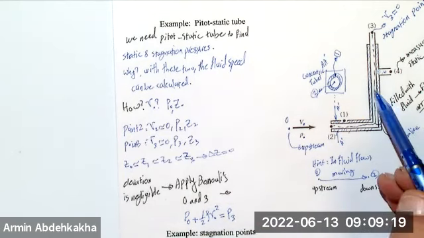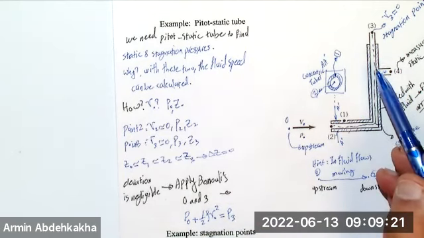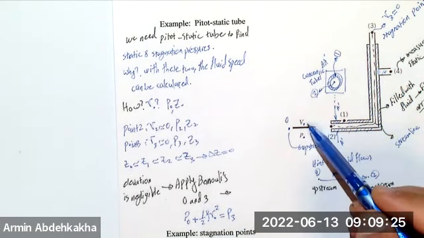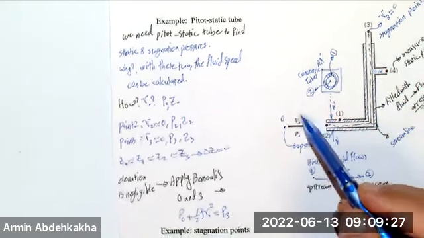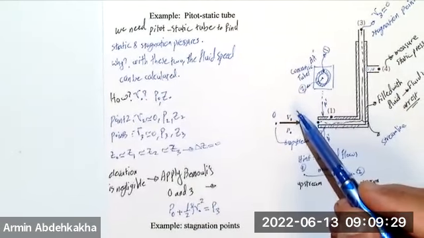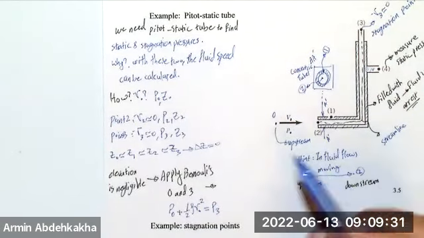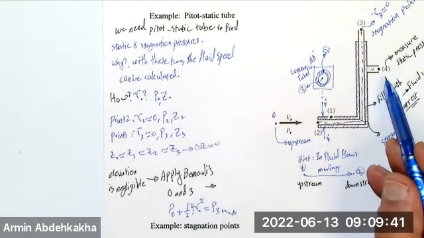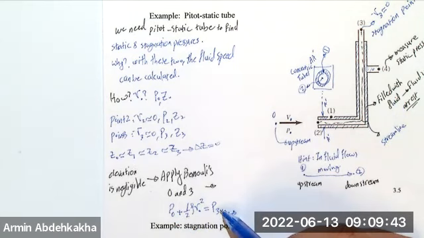But if you see here, points 0, 4, and 1 and P0 are static pressure, okay? So all are the same static pressure, because those are maybe the gauge pressure versus the atmospheric pressure. So the static pressure is similar at point 0 and point 4, not at point 3, right?